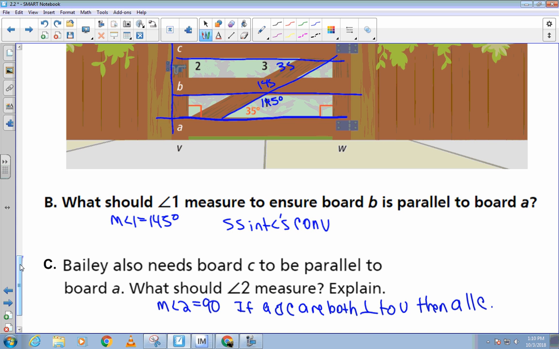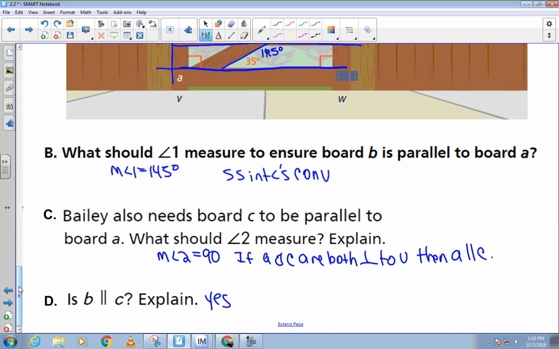Because they're both parallel to A, right? So that would probably be the best answer, is that B and C are both parallel to A. Therefore, B has to be parallel to C.